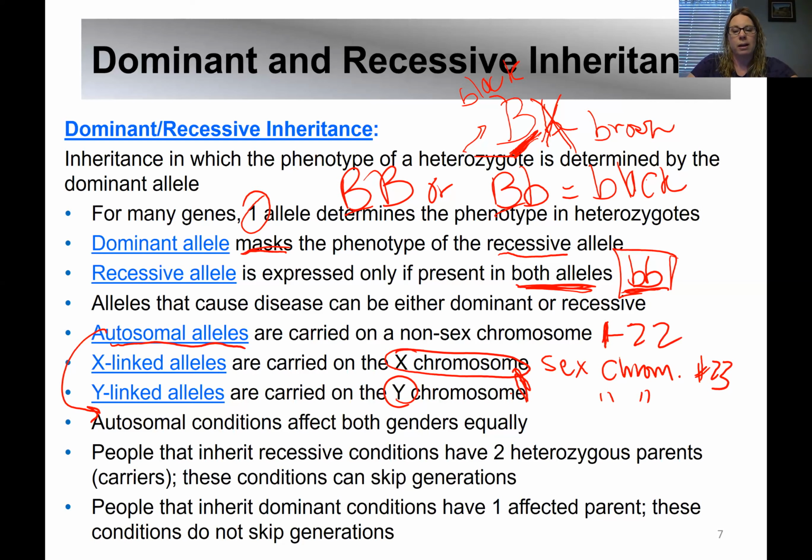Okay, so a person that carries an allele for a disorder, and that condition is recessive. For example, if we look at cystic fibrosis, or CF, that is a recessive disorder. So in order for a person to have a recessive disorder, you have to have both the CF alleles.